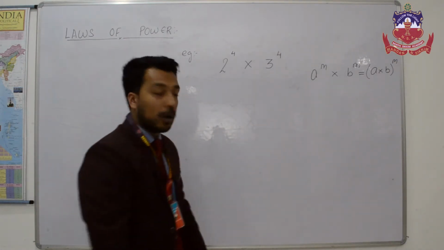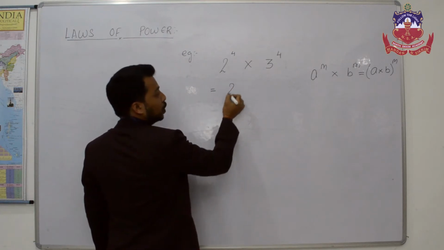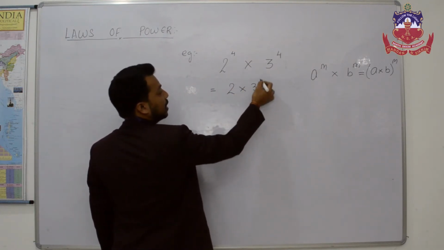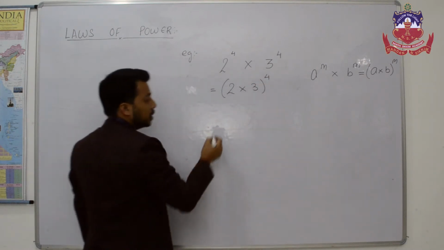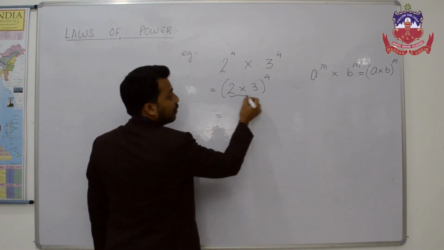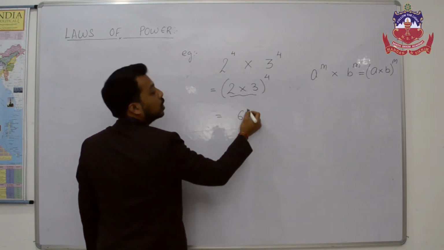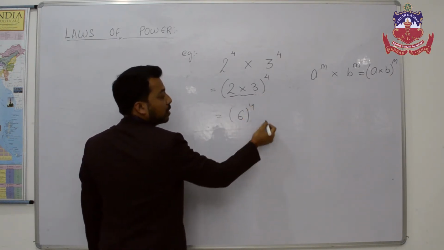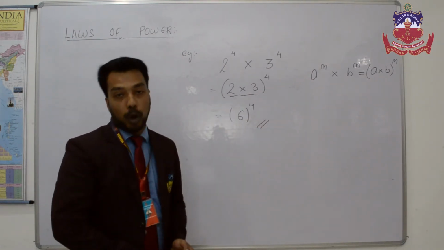In the next step, you multiply the bases, that is 2 and 3, and take the power as common. So the answer that we get, after multiplication, 3 into 2 will give you 6 to the power 4. So this is the answer after the simplification using the second law.